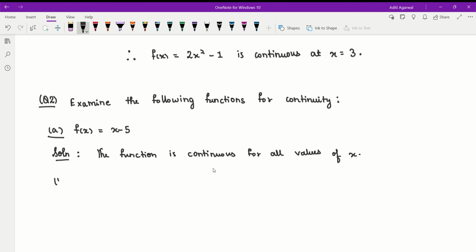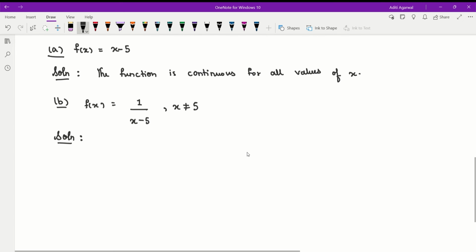अब हम b पार्ट की बात करते हैं. The b part says the function is 1 over x minus 5 where x is not equal to 5. सबसे पहली चीज, try to find the problematic points. इसमें problematic points कौन से हैं? Problem हमें तब आएगी जब denominator 0 हो जाए.